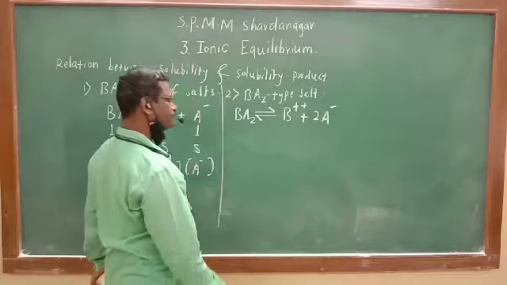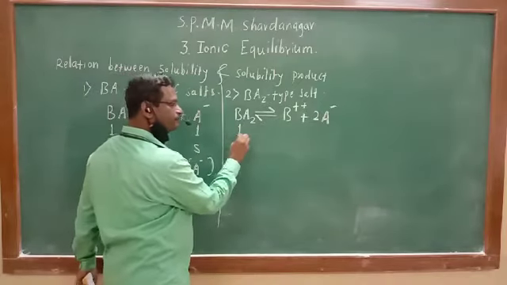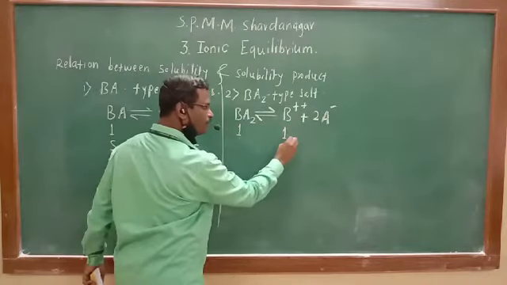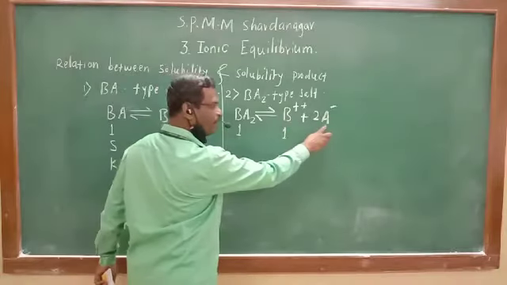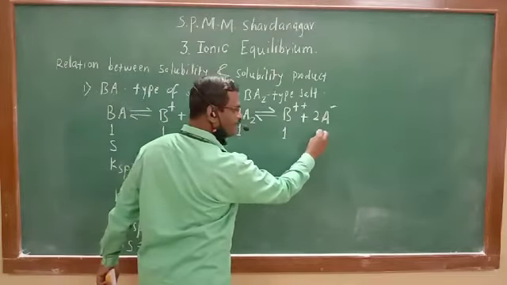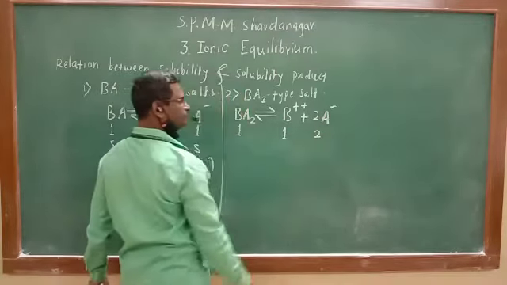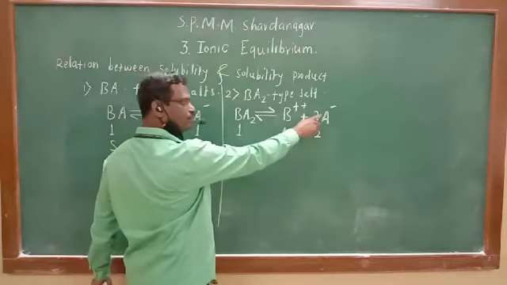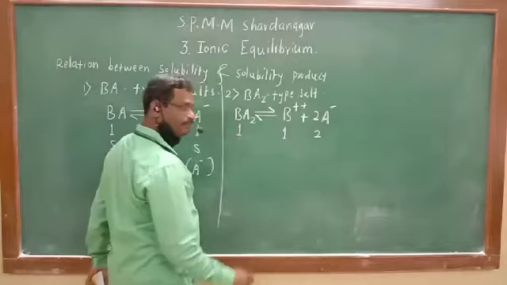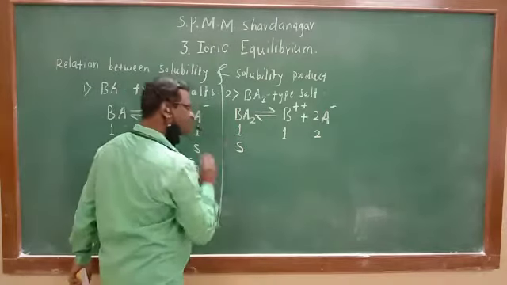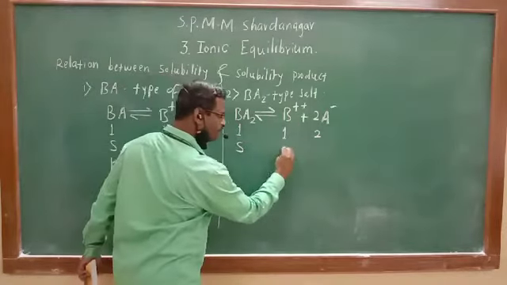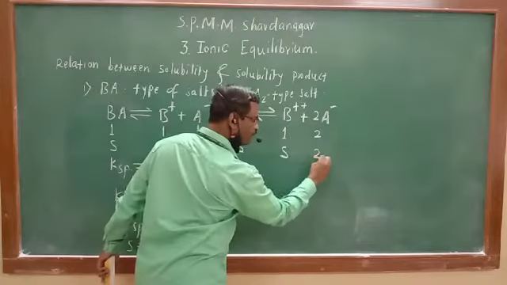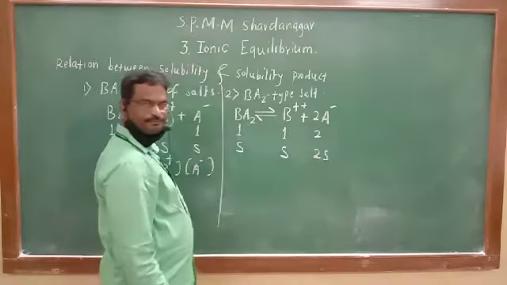If this is 1, it gives 1 B++ ion. And how many A minus ions are obtained? 2. From 1 BA2 we get 1 B++, but 2 A minus ions. It means if this is S, this is also S, but this will be twice of S.